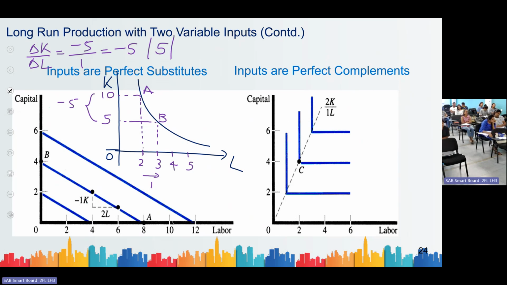Then think about the movement from point B to C. Again, the firm increases labor input by 1 unit. As a result, the firm has to sacrifice capital from 5 to 4.